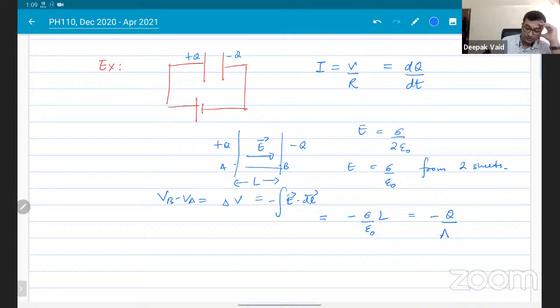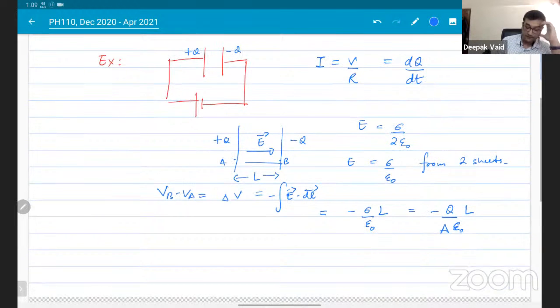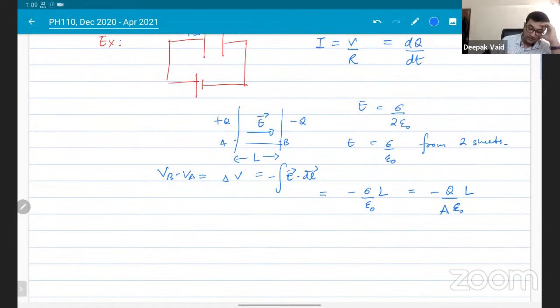Sigma is the charge density, so I can write that as Q by A, where A is the area of the sheet, right? So this is actually just a statement that Q is equal to CV, so V is equal to Q by C.